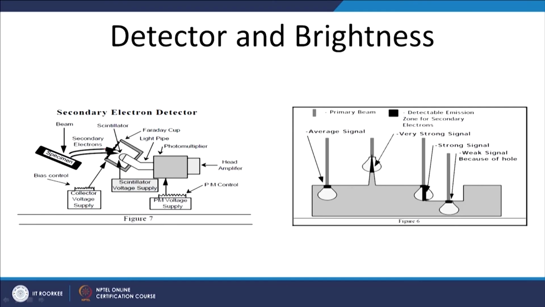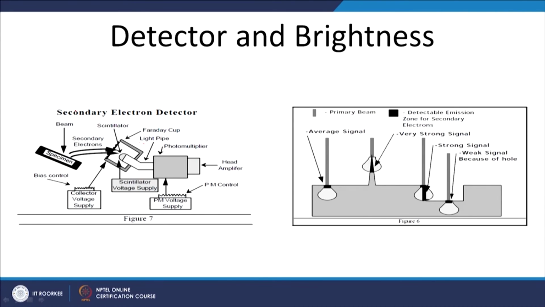The scintillator collects the secondary electrons, and it is kept in a Faraday cup, and there is a light pipe which is connected to a PMT or photomultiplier tube, and this PMT is biased by a PMT voltage supply. There is also a scintillator voltage supply which biases the scintillator, and whatever light comes from the scintillator goes to this PMT, and the PMT is connected finally to the image acquisition system.